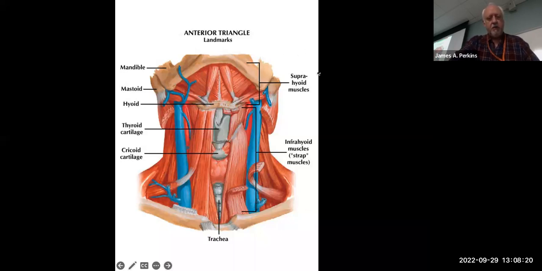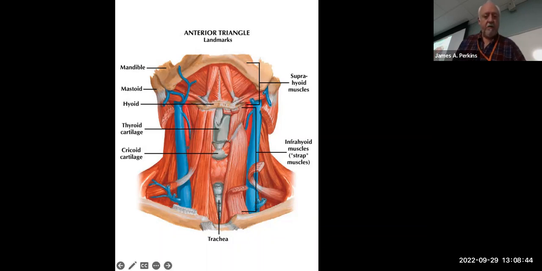The slide also shows two different groups of muscles. It doesn't show the specific names; I'll get into those in a minute. The muscles in the front of the neck are grouped into two different groups. There's a group called suprahyoid muscles, meaning superior to the hyoid, basically between the hyoid bone and the mandible.